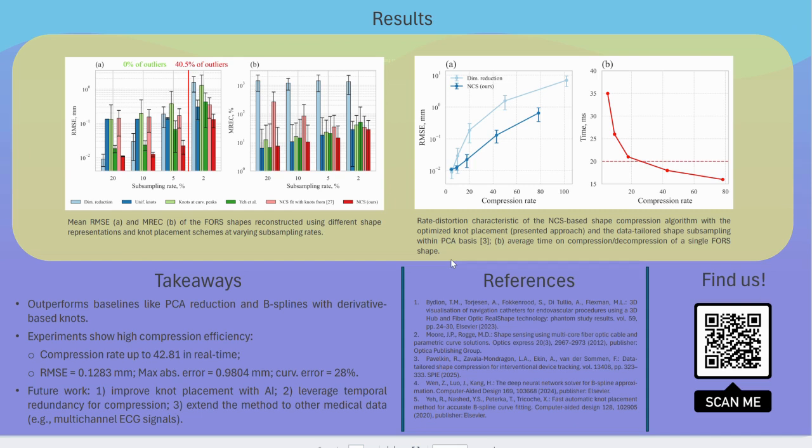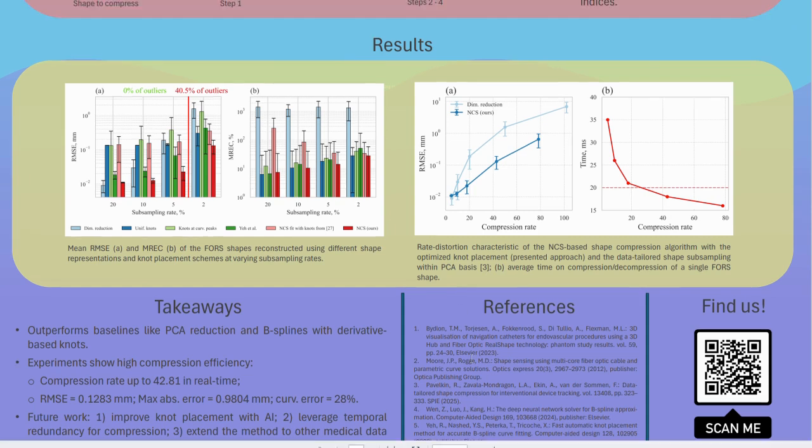I refer you to this paper for more information. So the current approach we're presenting actually outperforms this method as follows from this rate distortion curve. You can see that the curve of the current method lies below the curve of the baseline approach, providing lower error at the same compression rates.